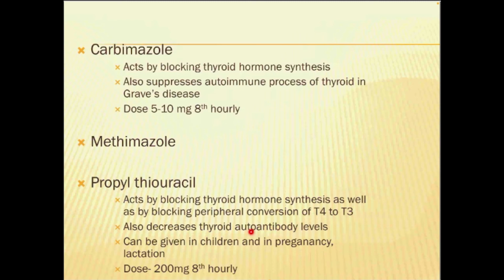This can be given safely in children, in pregnant women and lactating women, while carbimazole and methimazole cannot be used in pregnant or lactating women. The dose of propylthiouracil is 200 mg 8 hourly, while that of carbimazole is 5 to 10 mg 8 hourly.